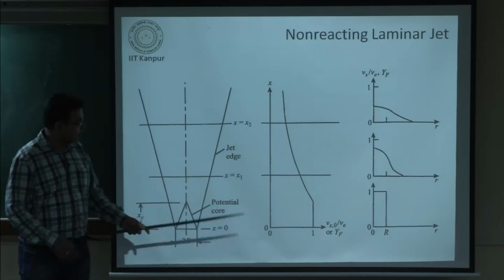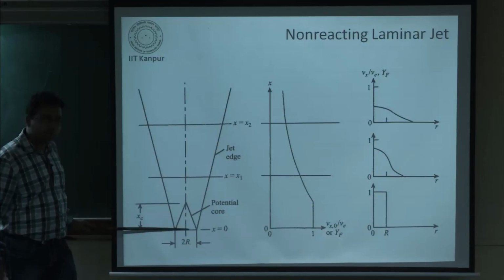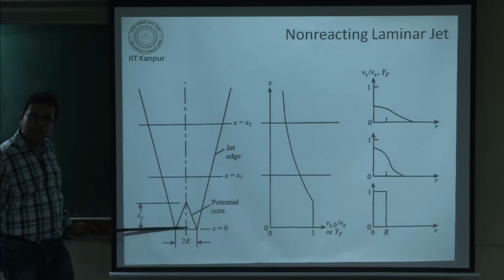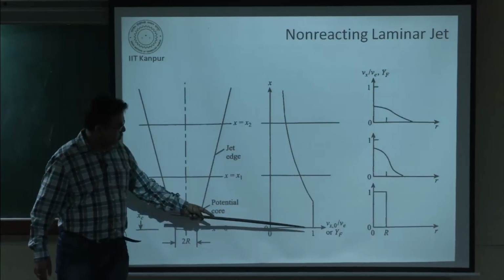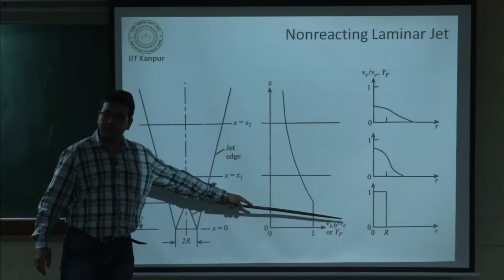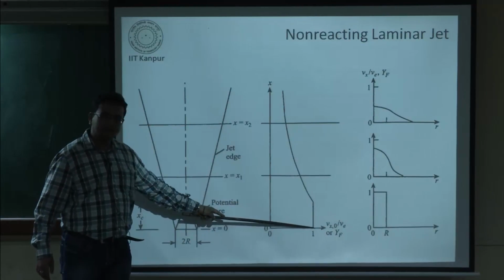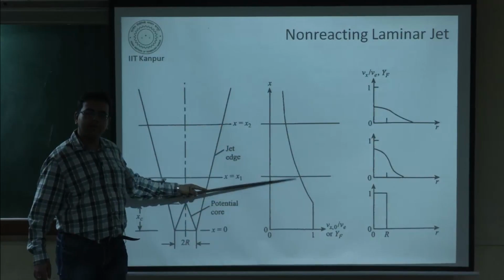In that case, if you normalize the jet velocity by the exit velocity, suppose the jet exit velocity is Ve, so you are basically plotting Vx over Ve, right. You are plotting Vx over Ve, then it is maximum unity at the exit, and then it remains unity up to the potential core, and then it decays.